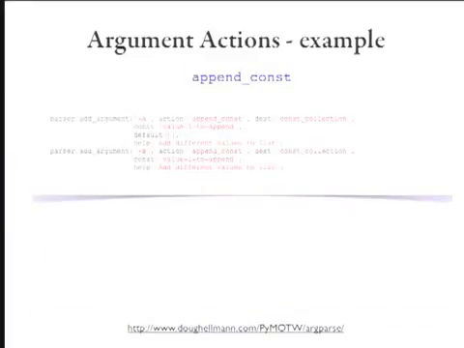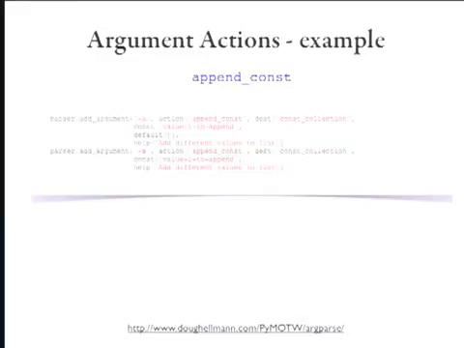And similarly, append constant, here we define hard-coded what the different values that we can append are. So again, these are just single flags. We can't specify a variable afterwards. And these will append these different predefined constant values to a list.